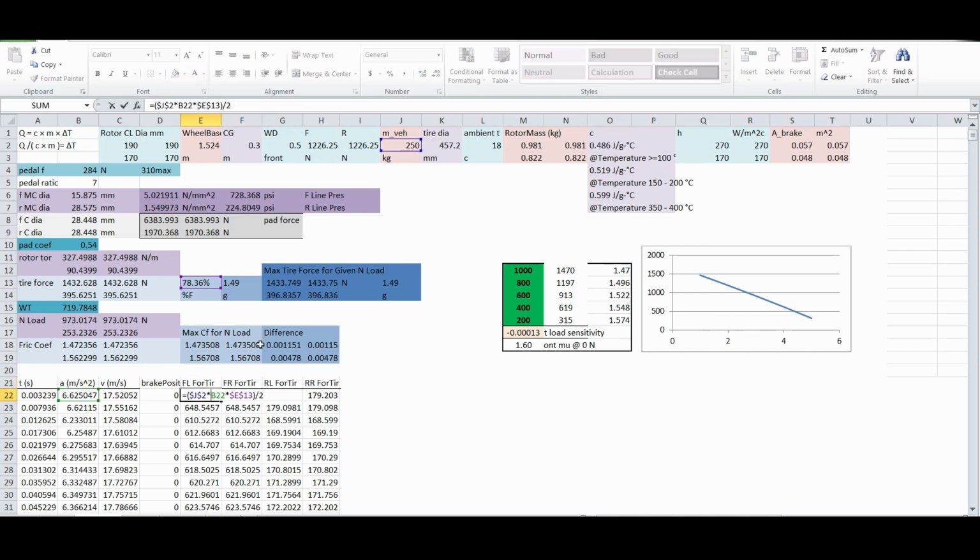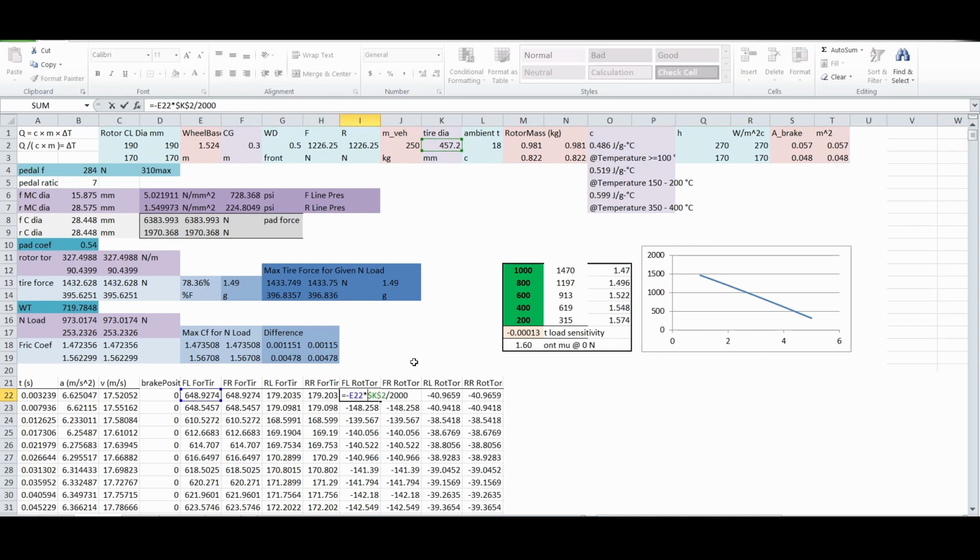So if we take the acceleration times it by our vehicle mass times percent front brake, and we're going to divide by 2 because we don't want total front, we want one corner of the front. We do that, and same for the rear, but you subtract 1 minus the 78% because you're taking the rear now. We'll get the tire force, so the force of the tire against the road surface.